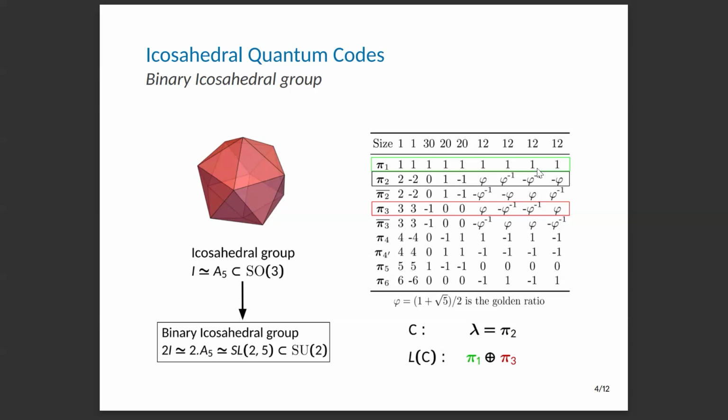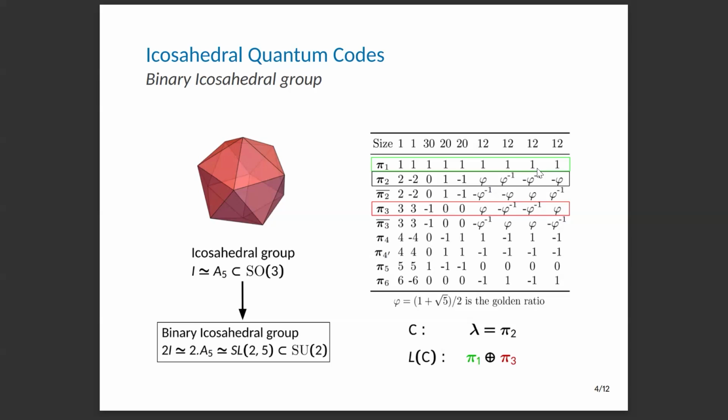So these errors don't do anything. They just take a logical state exactly back to itself. And then pi3 is more or less going to act as logical X, logical Y, logical Z. So it's a 3-dimensional rep, right? The 3 denotes the degree. So it just looks like X, Y, Z in some basis. And that's our enemy, because that's going to corrupt our logical information. We must defeat pi3 somehow.